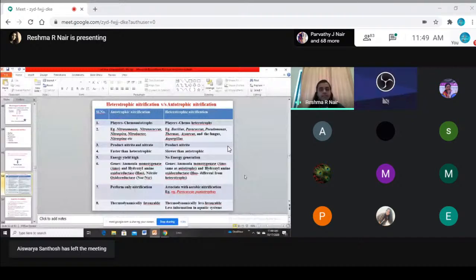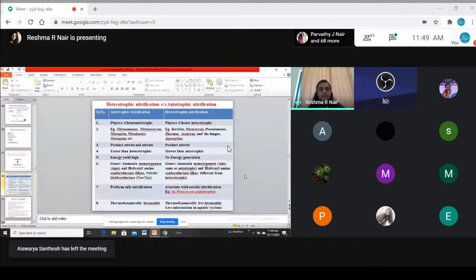They normally occur in extreme environments only. This is known as the anammox reaction, anammox meaning anaerobic ammonia oxidizers. The peculiarity of this anaerobic nitrification is that ammonia is not directly converted to nitrate. Instead, ammonia combines with nitrite to directly form nitrogenous gases.